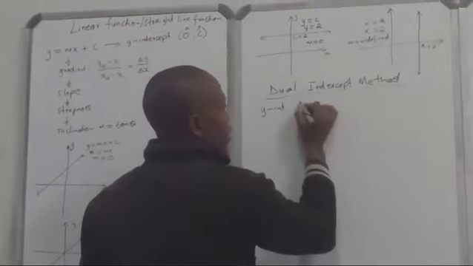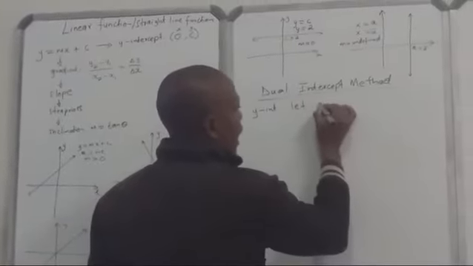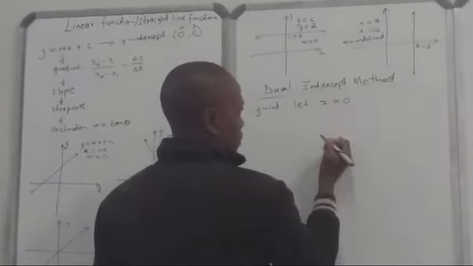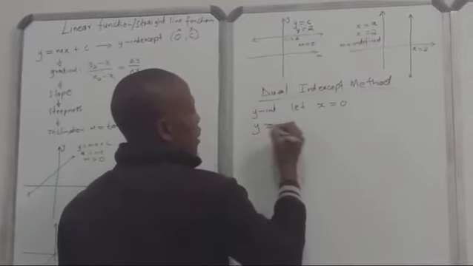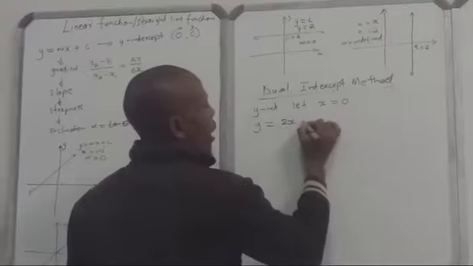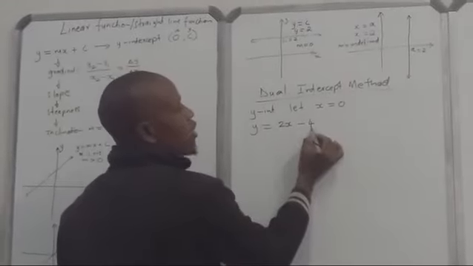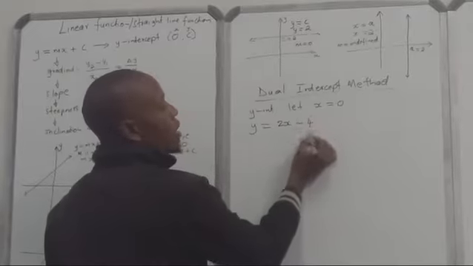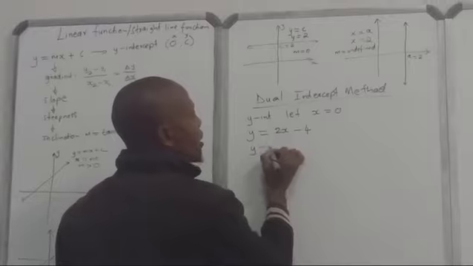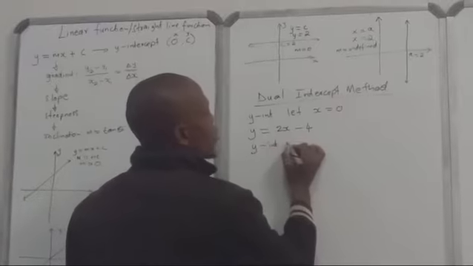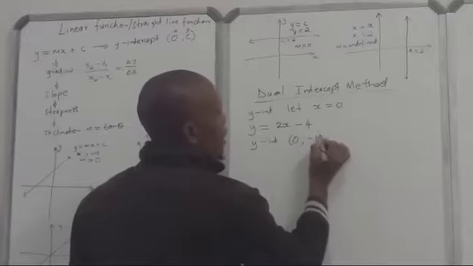We are going to do the y-intercept, number one, because it's the easiest. The y-intercept, you let x to be 0. So let's give ourselves an example: y equals to 2x minus 4. We already know that our y-intercept is just a c, so it is going to be 0 and negative 4.